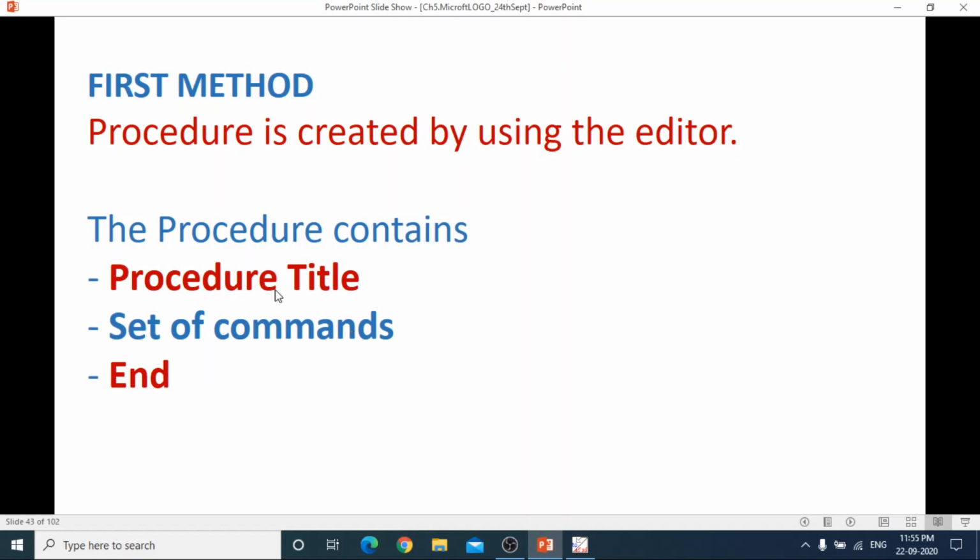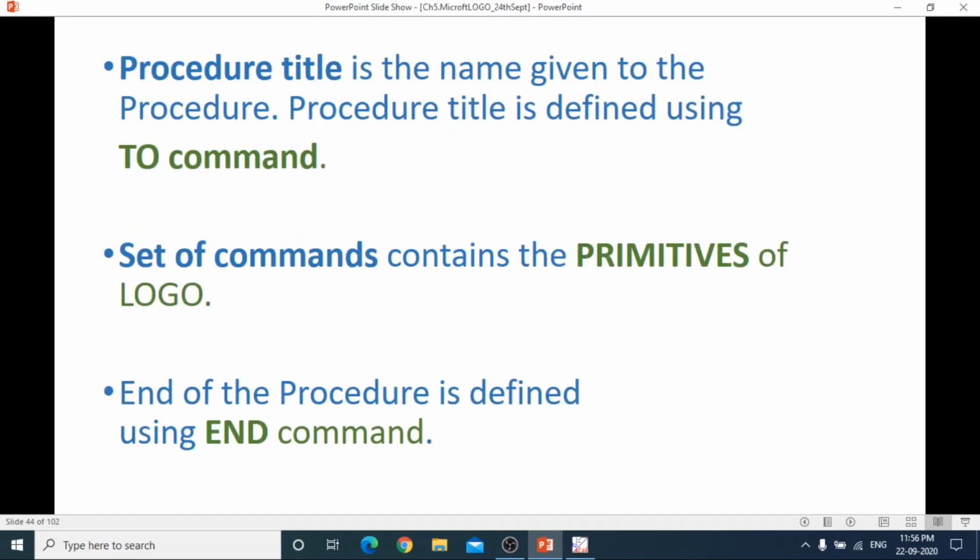In the first method, these three things should be in a procedure. First is its title, second is the set of commands to do the particular task, and third describes the end of the procedure. For the procedure title we have the command TO, which shows the starting of the procedure. The end of the procedure is defined using the END command, and in between TO and END there are the set of commands we want to write to perform a particular task.